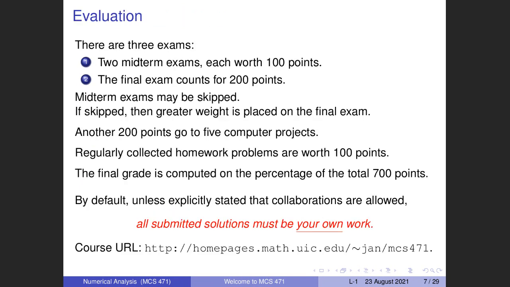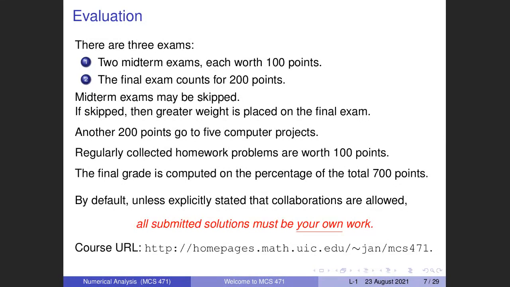All right, I mentioned exams. On this slide, I have the main points. There is a grand total of 700 points. 400 points come from exams. 300 points come from computational work. Exams are time limited.